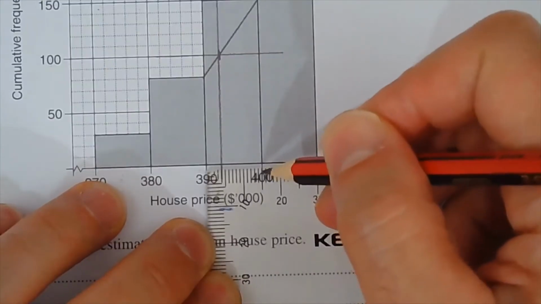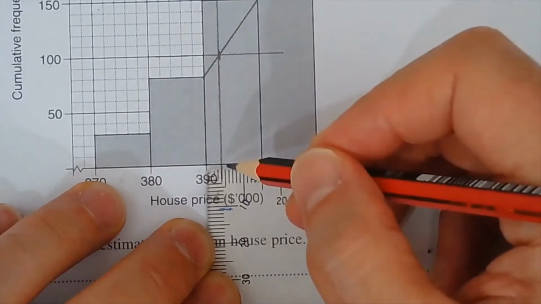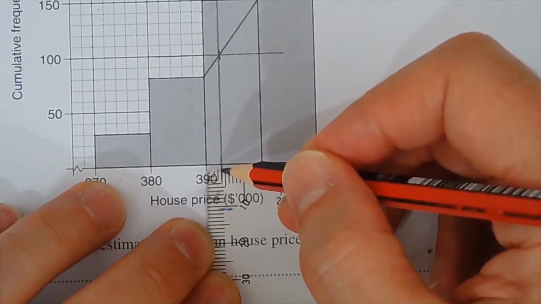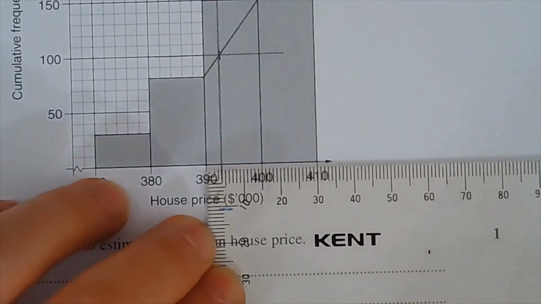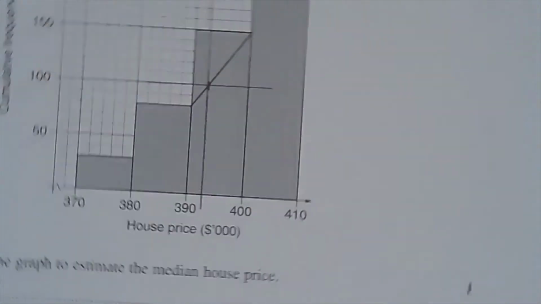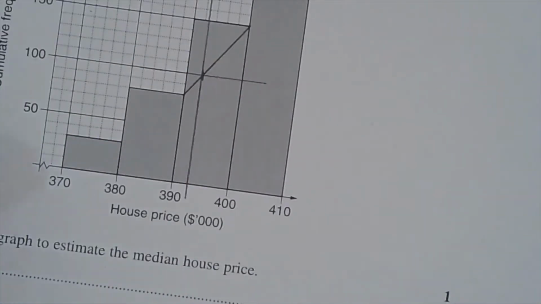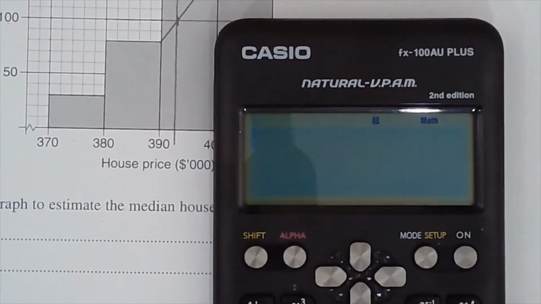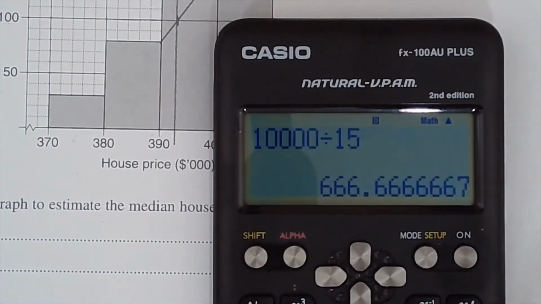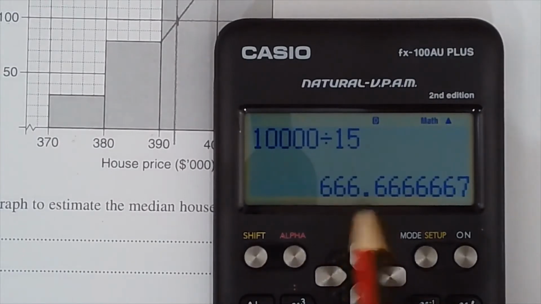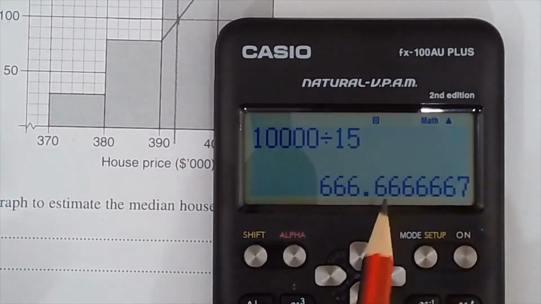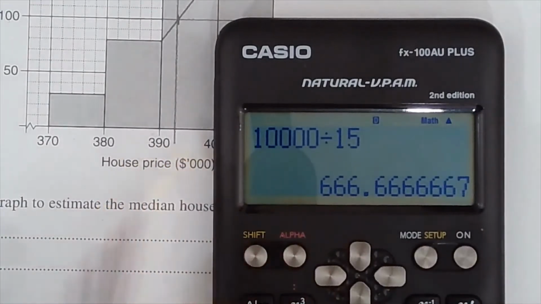So that's 15 millimeters, and we've gone 4 millimeters in from the 390 mark. So 15 millimeters is equivalent to about $10,000. So 10,000 divided by 15 millimeters gives the value per millimeter on the x-axis.